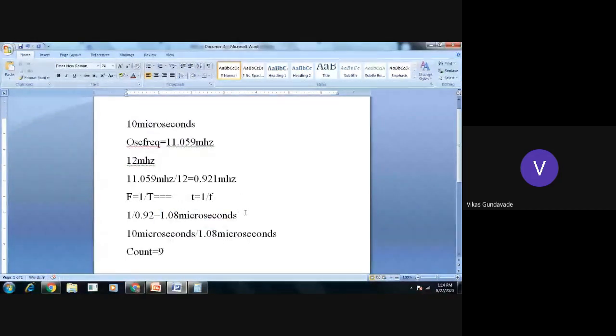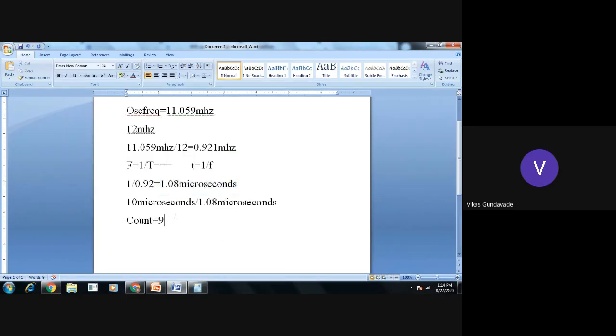Now the question is how many clocks are required to provide the delay. For that we take the actual delay required, 10 microseconds, and divide it by the delay provided by one clock pulse, 1.08 microseconds, and the count comes as 9.